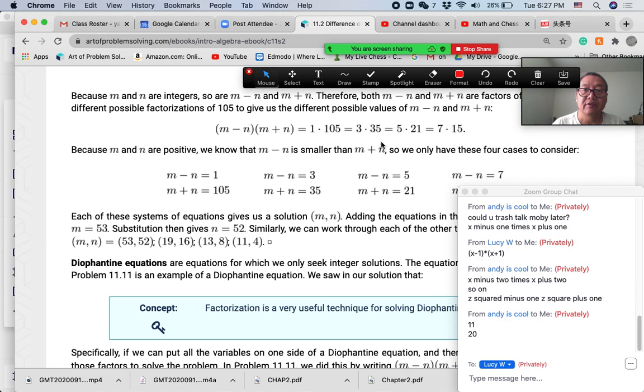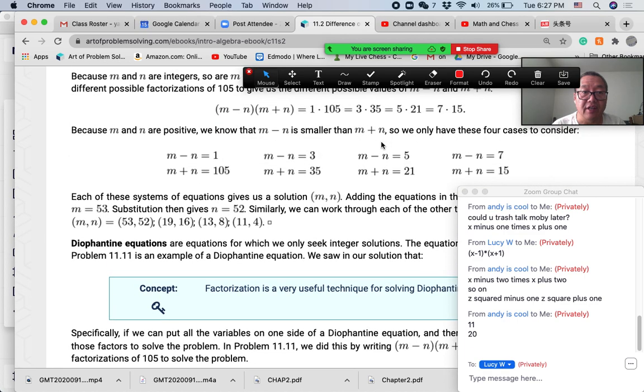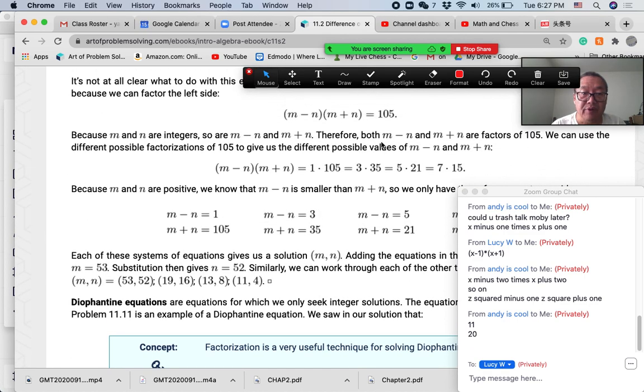Now let's see what we have left. Let's check. Yeah, see this problem, we got 4 pairs of solutions, right? 55, 53, 52, 19, 16, 13, 8, 11, and 4. We got 4 pairs of a system of equations. That's exactly what we get.